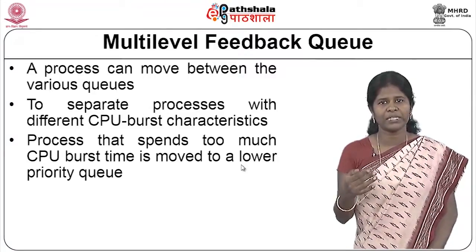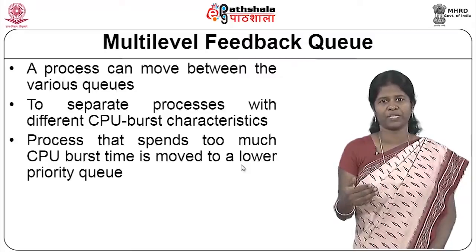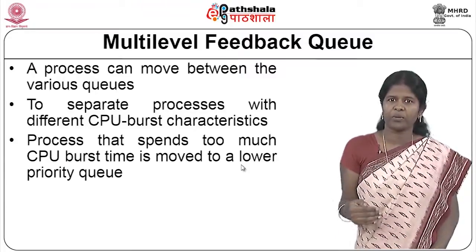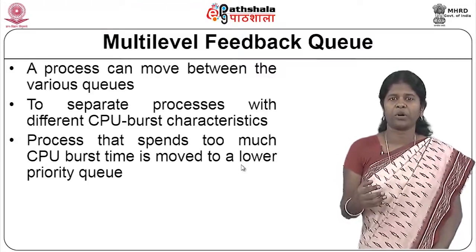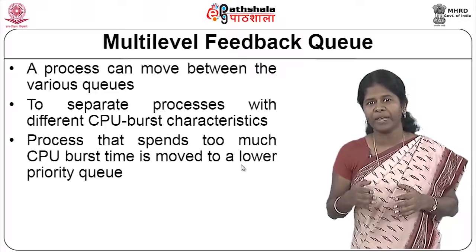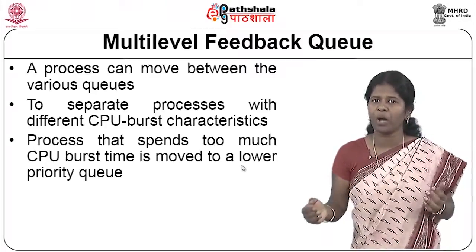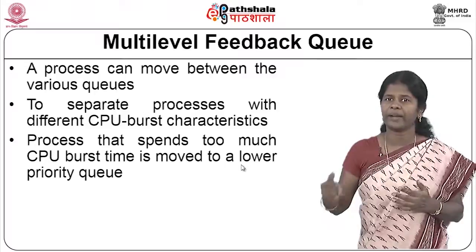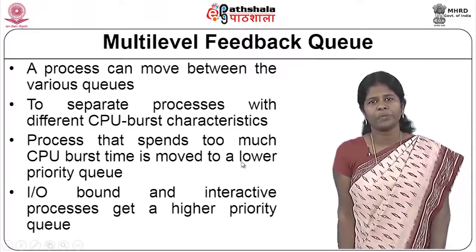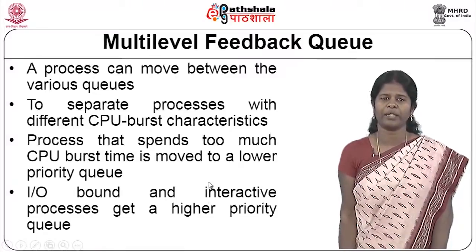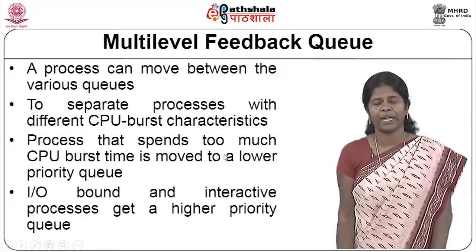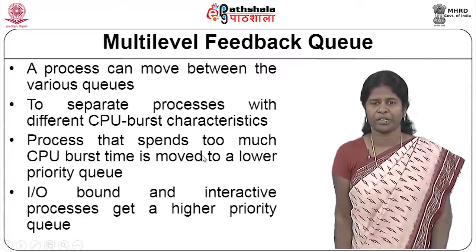So the process that spends too much CPU burst time, a CPU bound process, is moved to a lower queue compared to an IO bound process, because if a CPU bound process is given the CPU, it will make use of the CPU for a long amount of time and will not let the other processes use the CPU. So the CPU bound process is given low priority and the IO bound or interactive process can be given a higher priority.